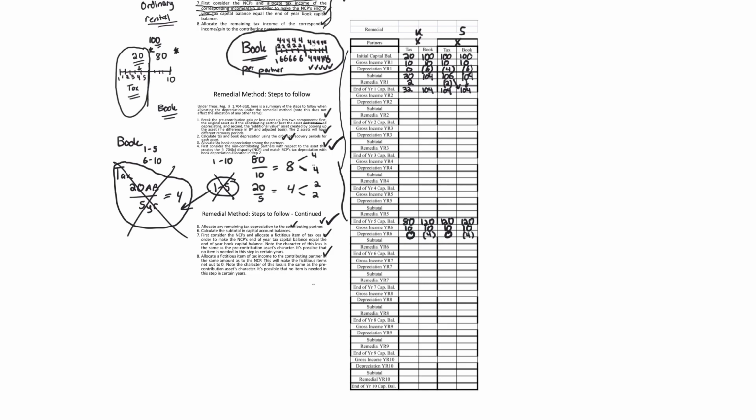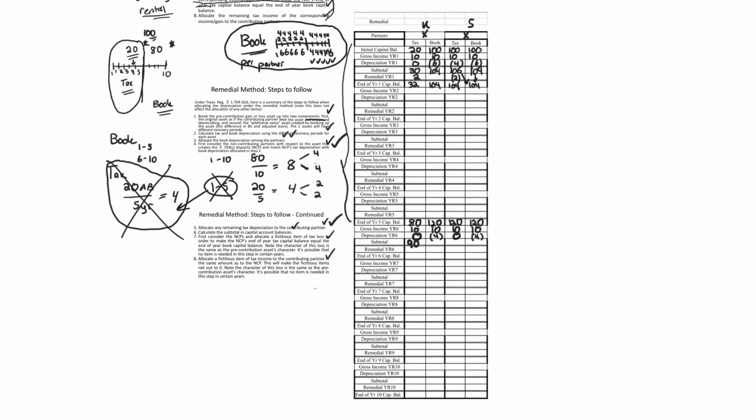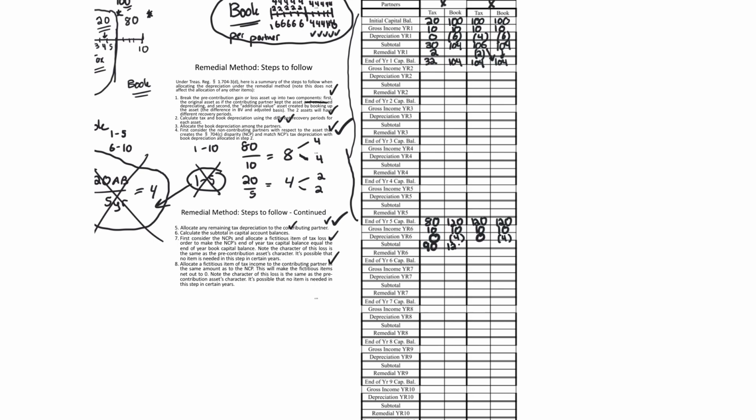So now we have 90, 126, 130, 126. So now we go back to our steps, number 7 and number 8. Consider the non-contributing partner. Non-contributing partner should balance out to 126, right?